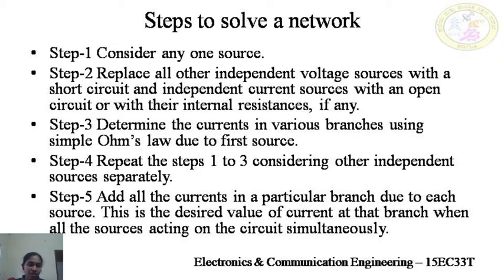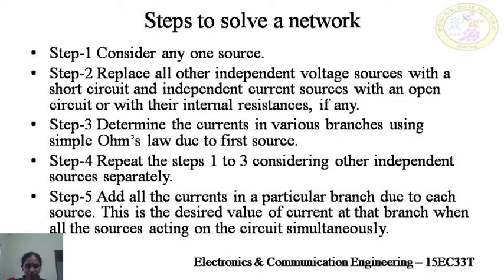And step 4 is repeat the steps 1 to 3 considering other independent sources separately. And last step is add all the currents in a particular branch due to each source, or add all the voltage drops across an element due to each source.